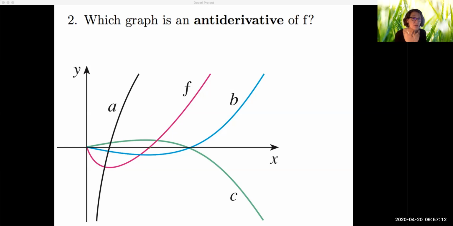Thank you, Jeff. I understood your explanation, but I don't think a typical Calc 1 student at this point in the course would understand that. So does anyone else have an explanation that doesn't use area under a curve?